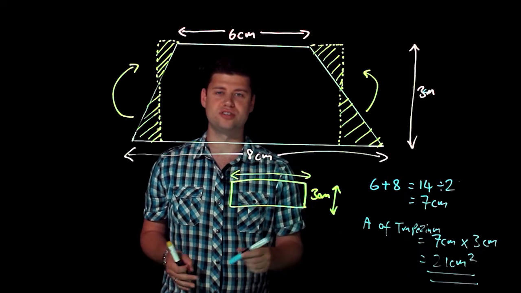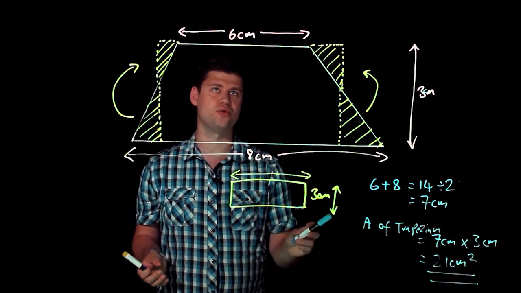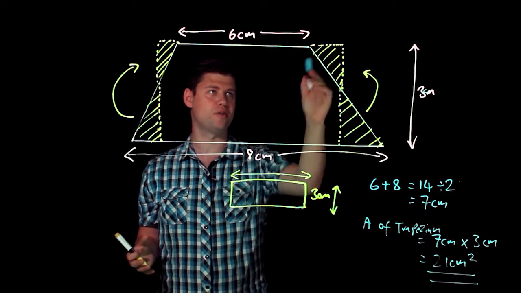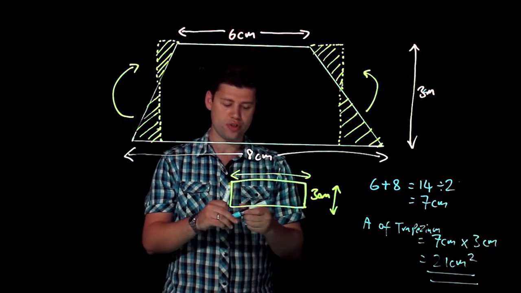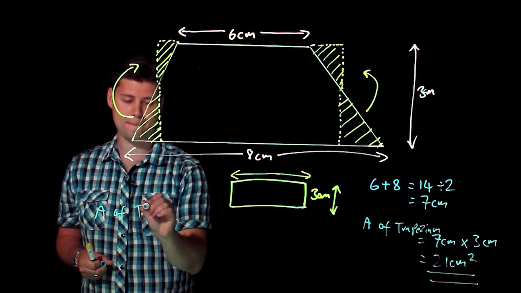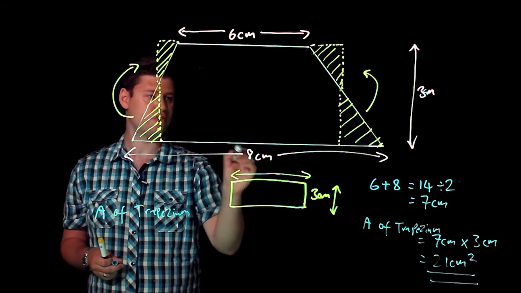What we now need to just consider is how we might use a formula to go about giving us an answer in general for any trapezium, because we don't necessarily want to fiddle about with the length every time we do it. So the formula for area of a trapezium is going to involve these two lengths here.